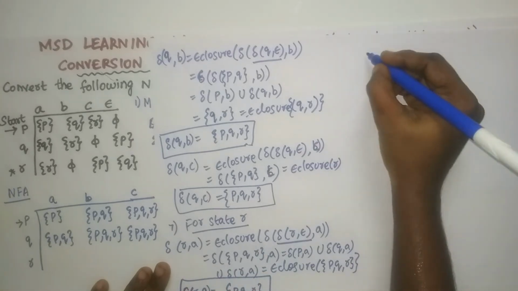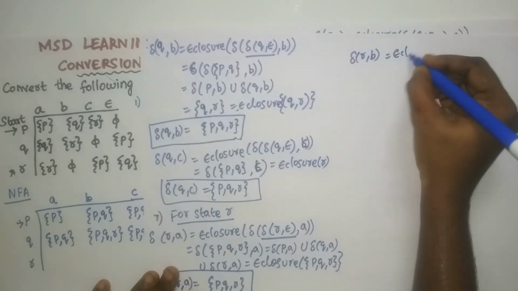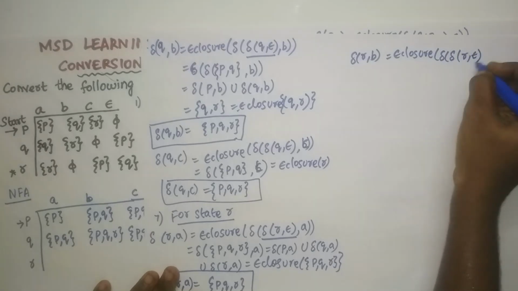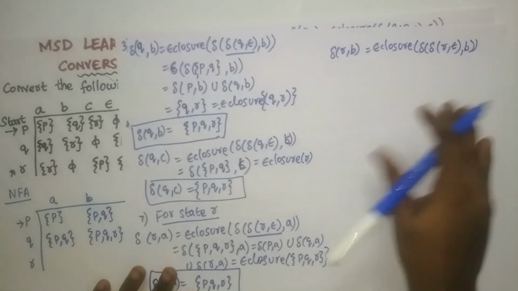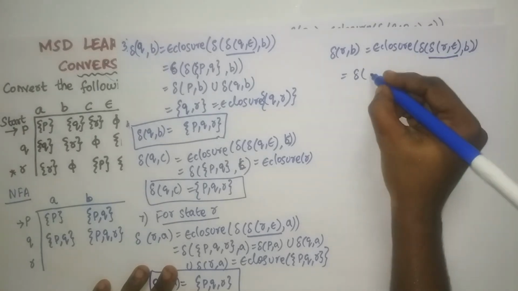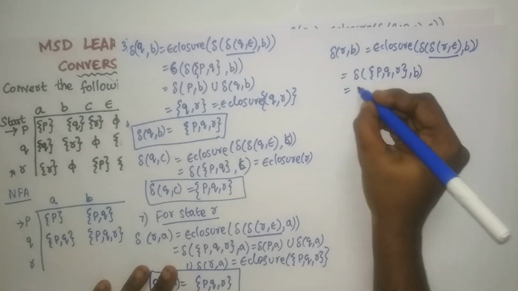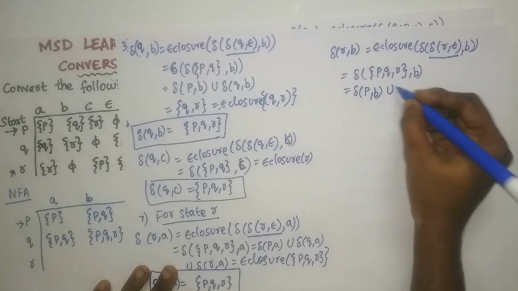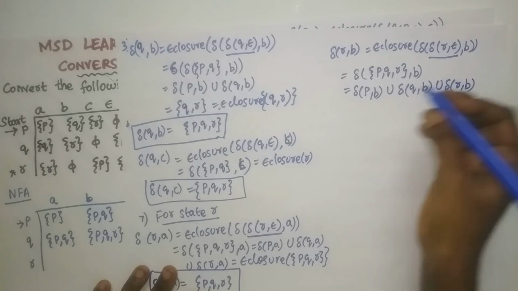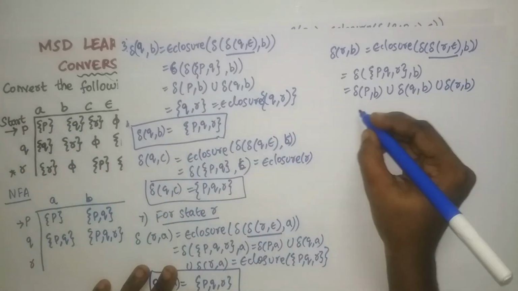So the next is for state δ'(R, B), which is nothing but epsilon closure of δ(R, epsilon, B). δ(R, epsilon) is epsilon closure of R, which is nothing but {P, Q, R}. So δ({P, Q, R}, B) is equal to δ(P, B) union δ(Q, B) union δ(R, B), where (P, B) is Q, (Q, B) is R, and (R, B) is empty.